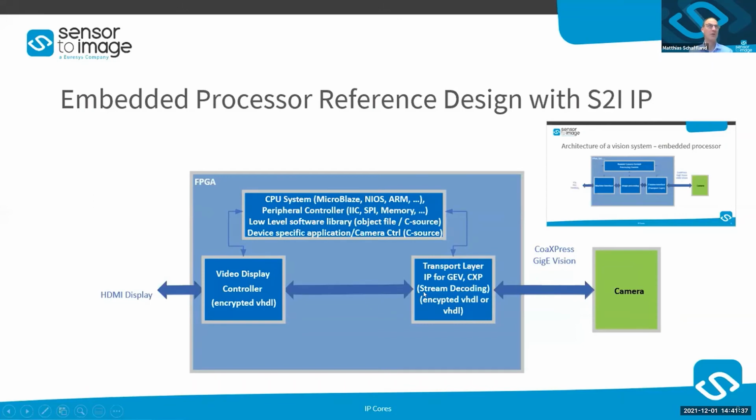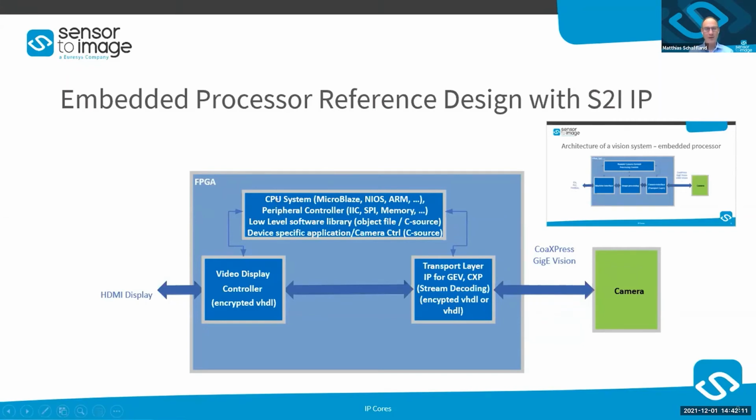Typically this is exposed as, for example, an AXI stream, so you can interface to this stream and do your image processing. As this is not a full system, we typically add a kind of video controller for display, so that you see, okay, my camera is streaming, I see a real image, and this again shows how to use the data coming out of the transport layer IP.